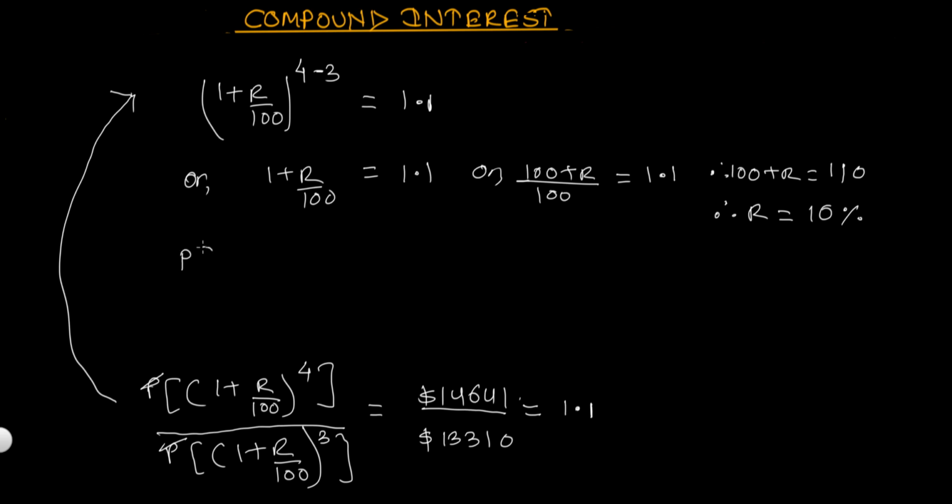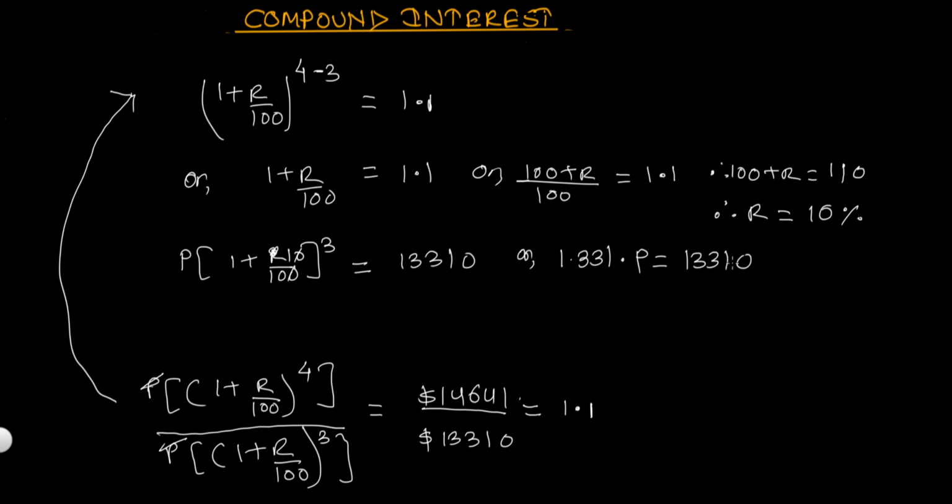We have P(1 plus R over 100) to the power 3 equals 13310. The value of R is 10 now, so instead of R, I can write 10. So 1 over 10 plus 1 will be 11 over 10. 11 over 10 to the power 3 is 1.331. So we will have 1.331 times P equals 13310.